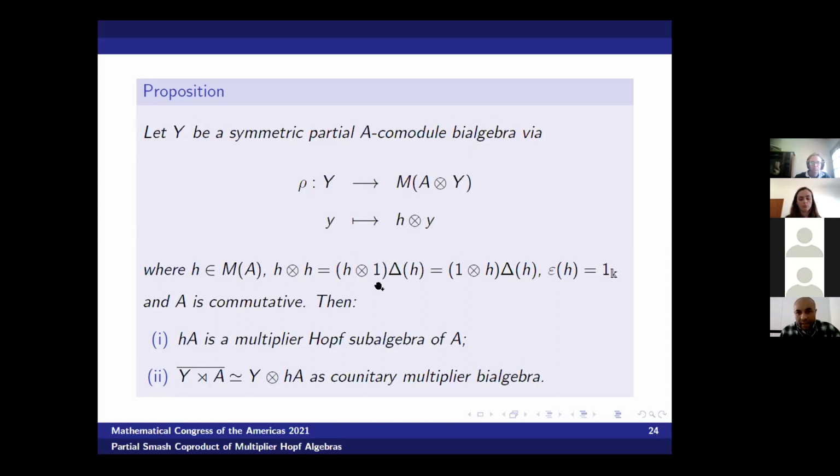Considering this hypothesis for this element H in the multiplier algebra and the algebra commutative, then we prove that this subalgebra is a multiplier Hopf subalgebra, and we have this concrete way to rewrite the construction. And we prove it by showing that the structures are the same, even in this coproduct.